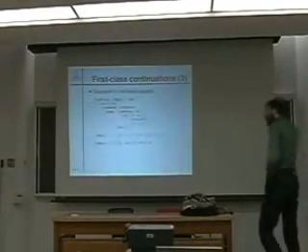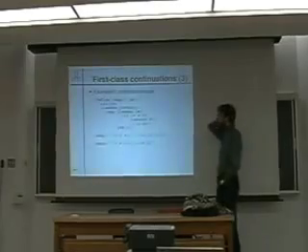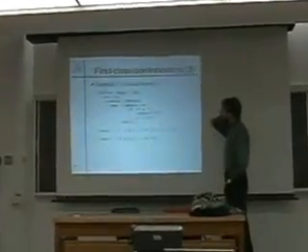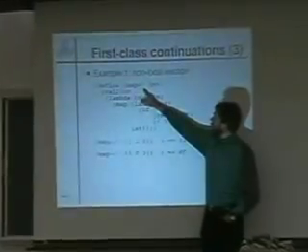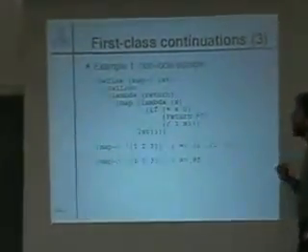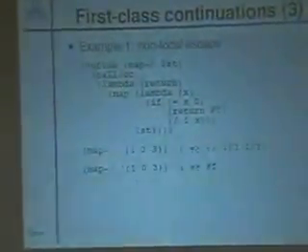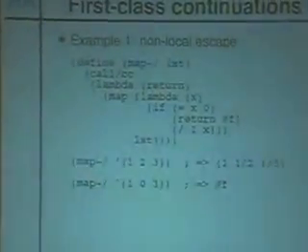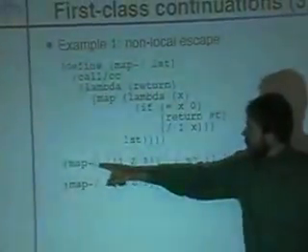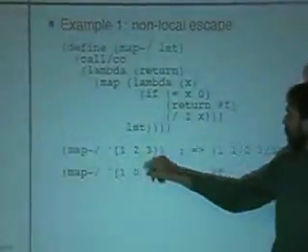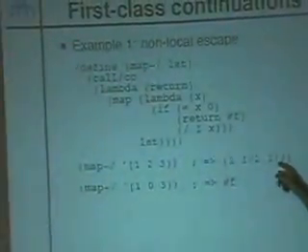So here's a practical example of what you can do with continuations. You want to write a map-inverse function, which takes a list of numbers and computes 1 over each number in the list. So map slash on 1, 2, 3 will return 1, 1/2, and 1/3.